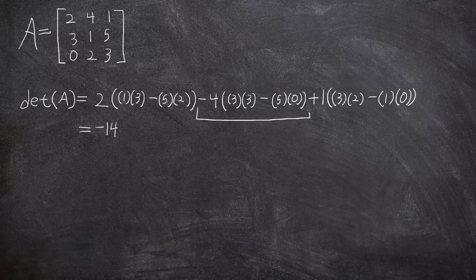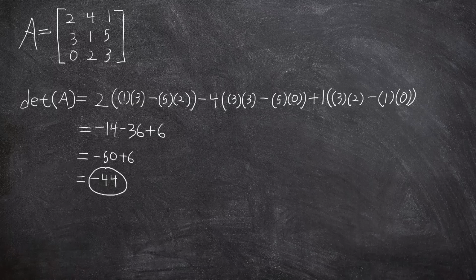Second term is negative 36. Meant to remove that earlier. And this term evaluates to positive 6. Negative 14 minus 36 is negative 50. Negative 50 plus 6 is negative 44. And this is the determinant of the following matrix A.